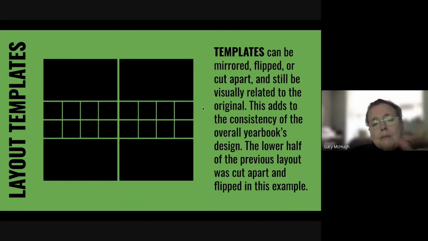So this is that previous layout, where the bottom half has been cut apart and rotated so that it is flipped, and it's still related, but it looks different. And so templates can be cut apart, they can be flipped, they can be mirrored, and they can be reorganized, and yet they are still visually related.